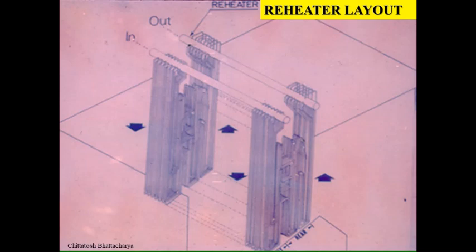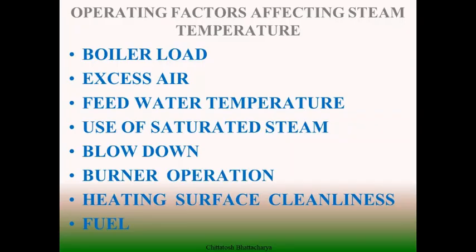So far from our discussion, we have seen that final superheater temperature and steam temperature is a very important parameter in the context of the total heat content of the steam and how that can be used for work availability in the turbine.